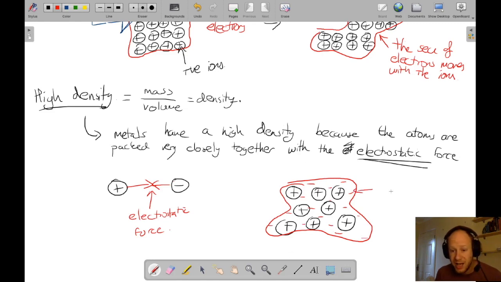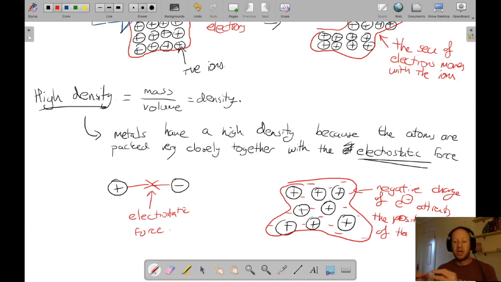And so the negative charge of the electrons attracts the positive charge of the ions. Because this negative charge here attracts the positive charge of the ions, that means all of those positive charges stick together. So they pack really, really closely together, and that means that metals have a very, very high density.